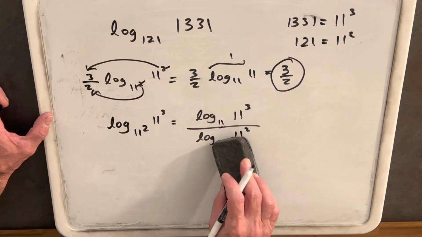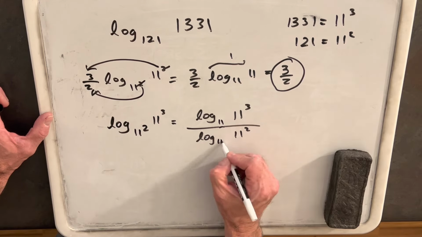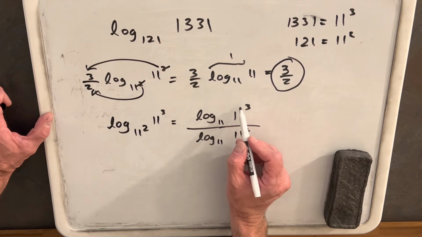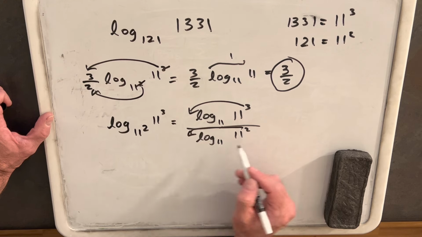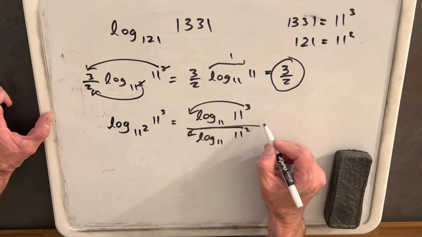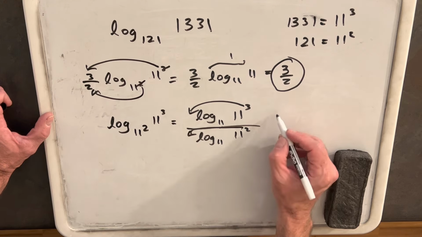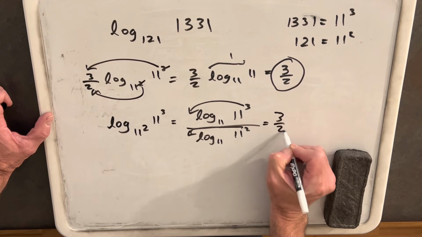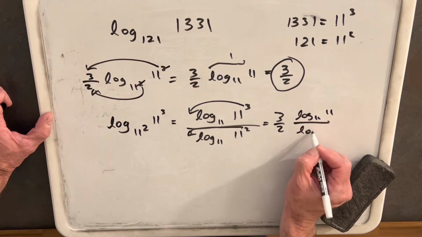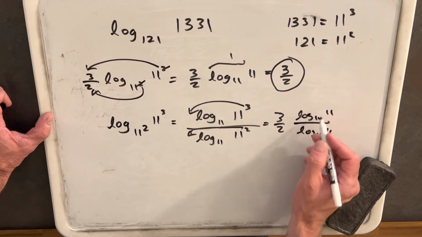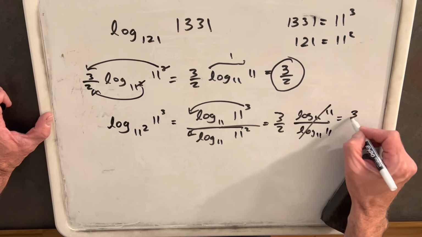So let's choose 11. And then by indices, we can move the 3 here and the 2 here. And then we have our 3/2 log 11 over log 11. These are just 1s, so we get the same answer, 3/2.